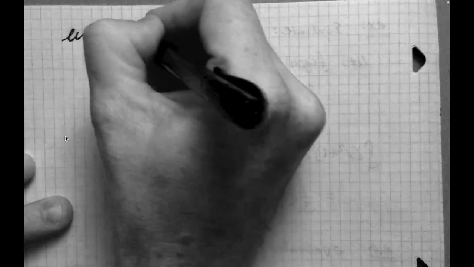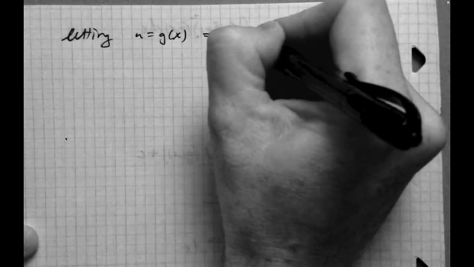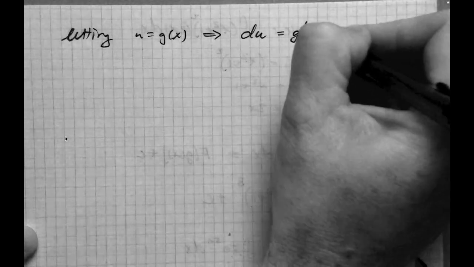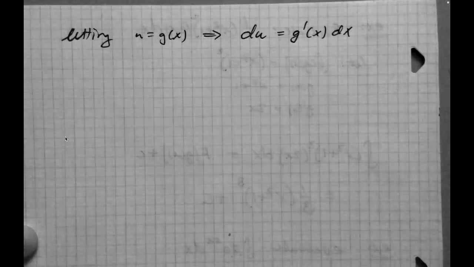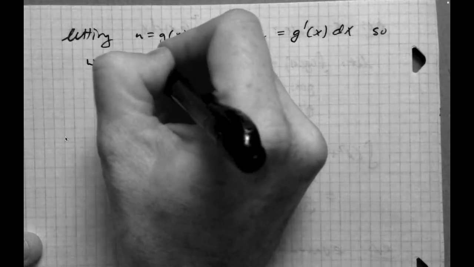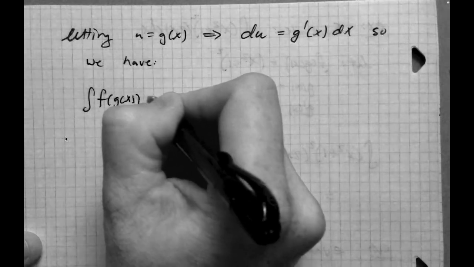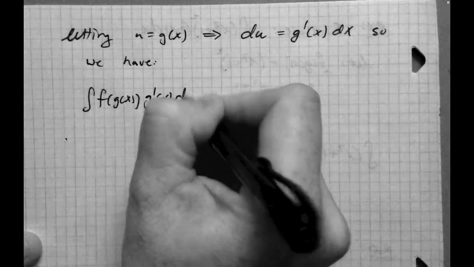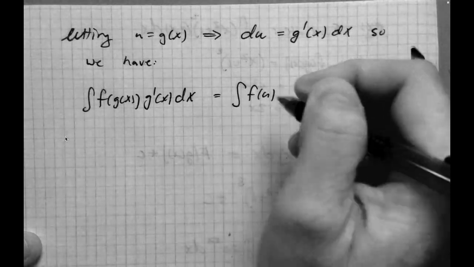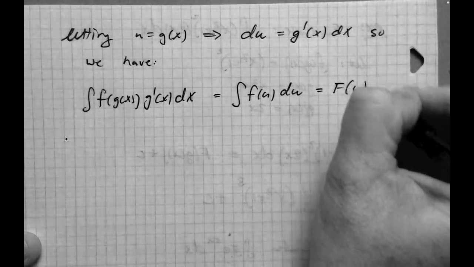So letting u equal g of x, then du, the derivative of u, is equal to g prime of x dx. So we have the integral of f of g of x g prime of x dx is equal to the integral of f of u du, which is equal to f of u plus c.